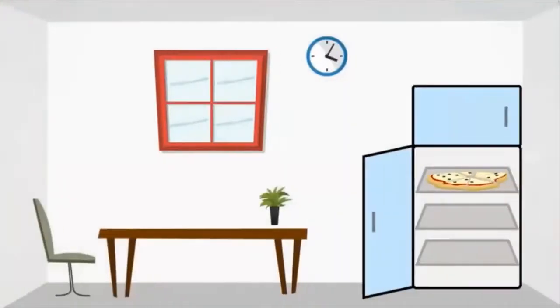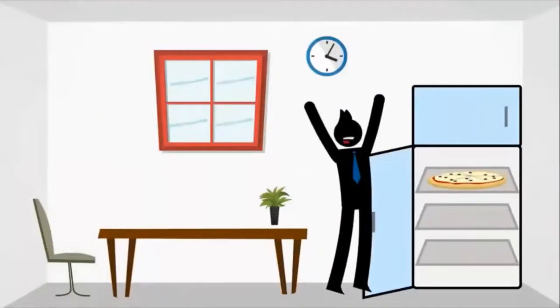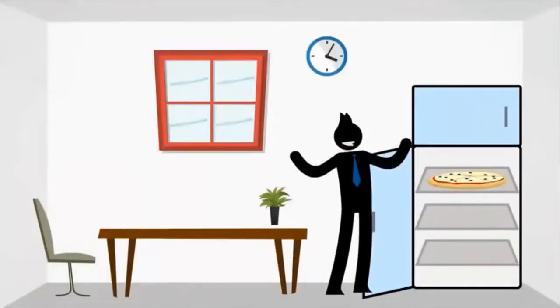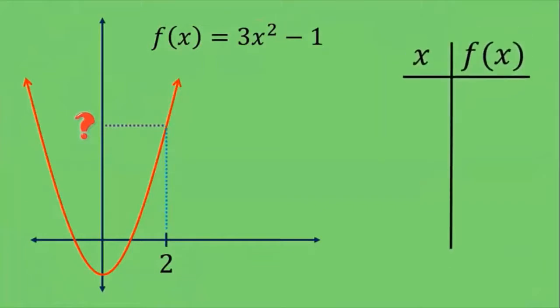This example is the same thing we want to do with functions. When we take the limit of a function, we are describing where they are going. Let's see an example of this with the function 3x squared minus 1. With this function, I'm really curious what value the function is approaching as I use x values close to the number 2. Let's see this by using something like 1.9, 1.99, 1.999.